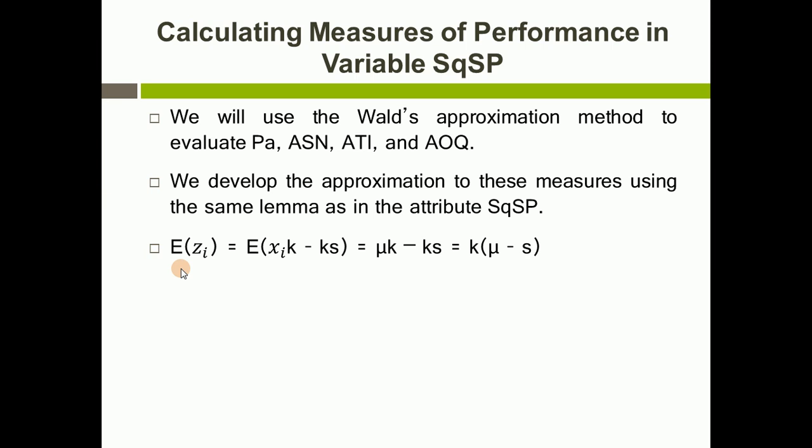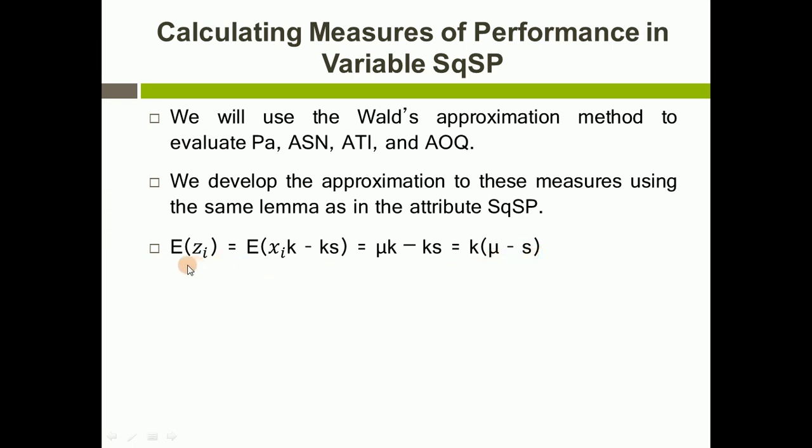Remember that this is one of the main conditions I have to check each time I change the distribution in the sequential sampling plan. So here, entering the expectation, it would be expectation of xi multiplied by k minus ks, so this would be mu because xi follows normal distribution with mean mu. And if I take k as a common factor, I would be left with mu minus s.